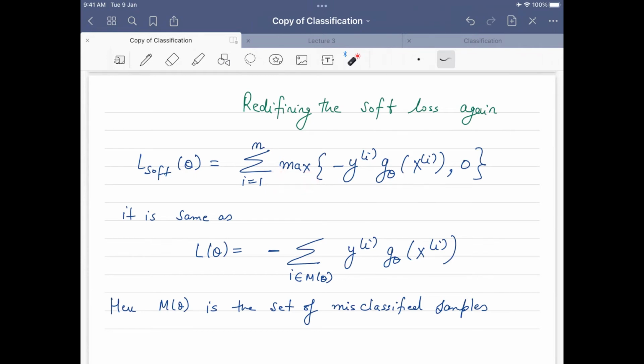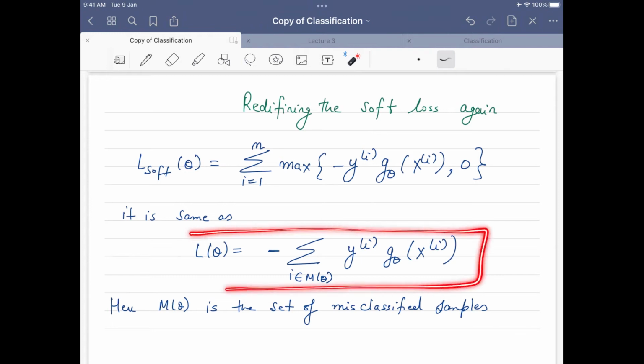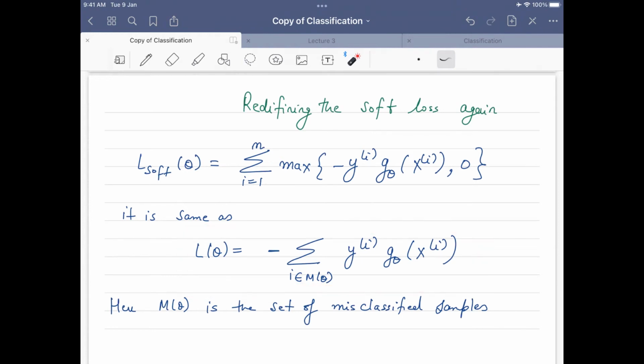So we can write this expression as this expression which is given over here. Remember that i is running from 1 to m, where m is the total number of samples in the data set. But now here i belongs to the set M theta, where M theta is the set of misclassified samples.